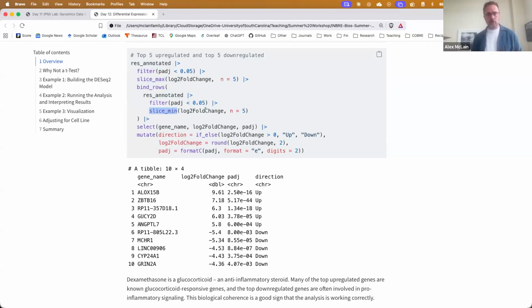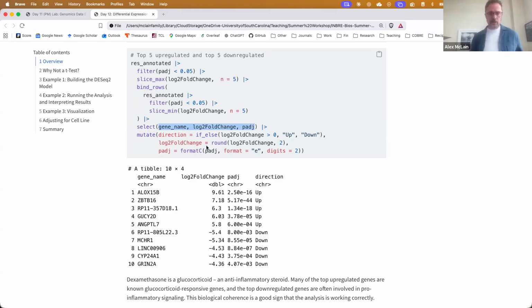So we're only keeping those with the smallest or largest negative log2 fold change. And then we're using bind_rows to just stack these on top of one another. Only keeping a little bit of information here and creating some other variables.